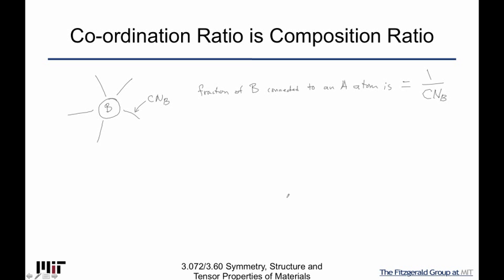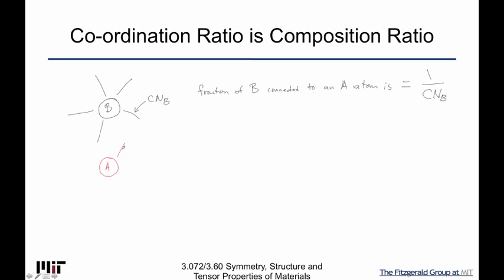So you just take B divided by C and B. You could say it's the charge, whatever, but we'll just call it a 1 B atom divided by C and B. So in other words, if I share this 1 with 2 A atoms, coordination number is 2, and therefore 50% of B is shared with 1 A atom, and 50% of B is shared with another A atom.